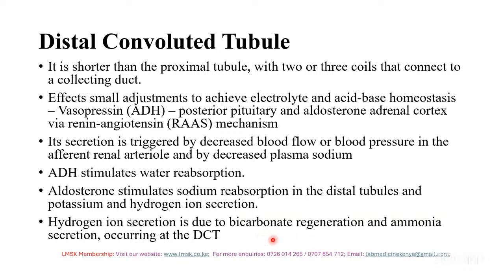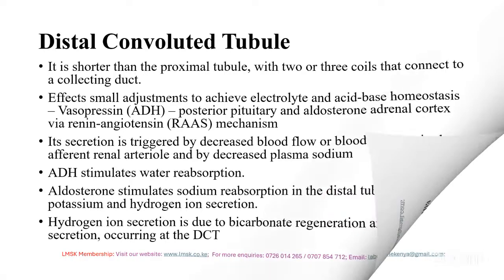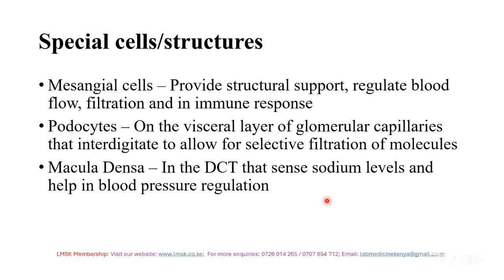Hydrogen ion secretion is due to bicarbonate regeneration and ammonia secretion, and it occurs at the distal convoluted tubule. This is the control of hydrogen ions, and they are actively reacting with the bicarbonates to form hydrogen bicarbonate, which is converted back and forth depending on the concentration of either of the reactants or the products of that particular reaction, which we shall be able to look at.